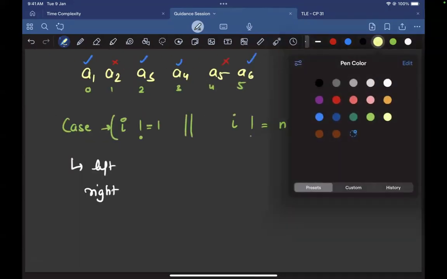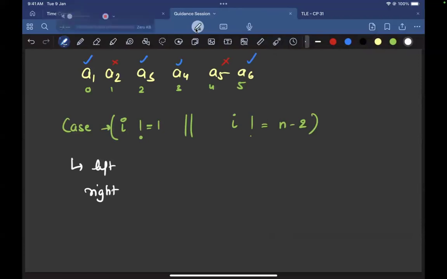So I can say that I want to make a left half and right half. It is dependent on the element sizes that I have. So the basic, very crux idea in this, of course, is that if I'm talking about the left half, then either I have more than one element or 0 elements.